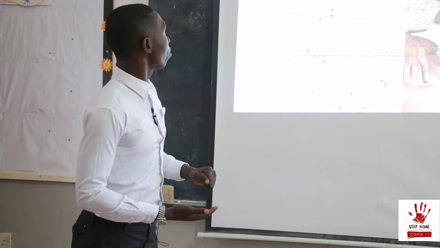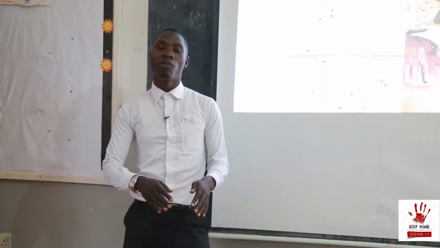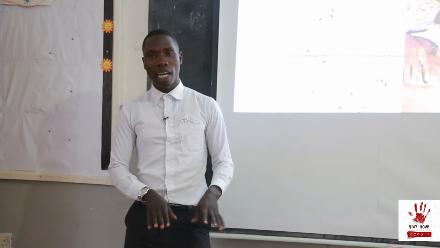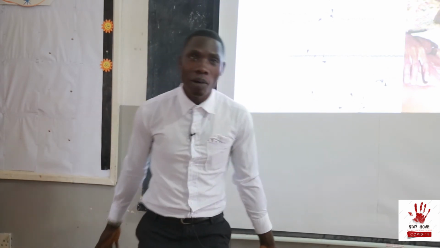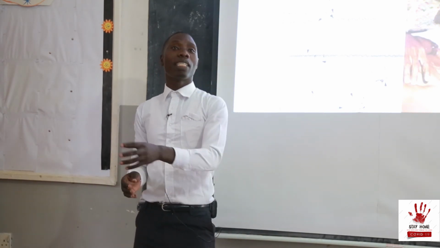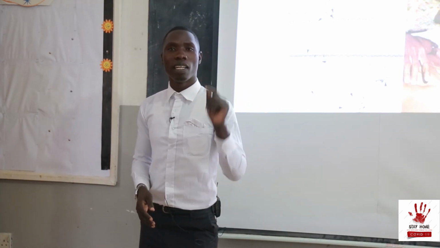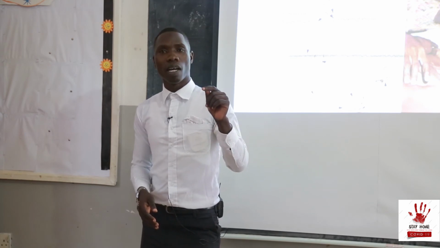So we can also see here, it can lead to spread of diseases like cholera. The water, remember, flows to the dry land, or it is on the dry land, which means that it is carrying any dirty stuff, sewage. There are people who mismanage wastes. Some people don't use latrines, they just put their wastes anywhere. So when this water flows, it collects all those and it will mix with the water sources, like lakes and our wells.